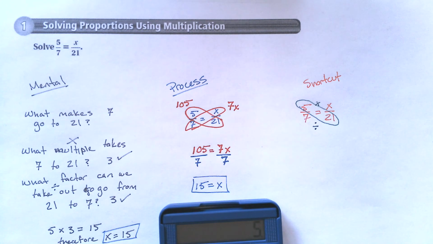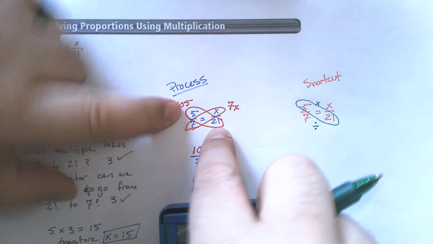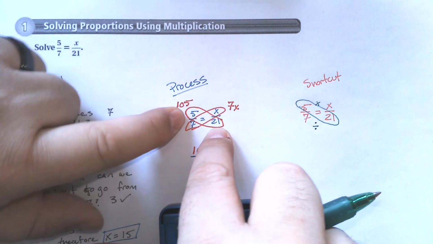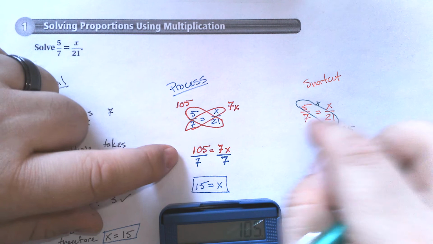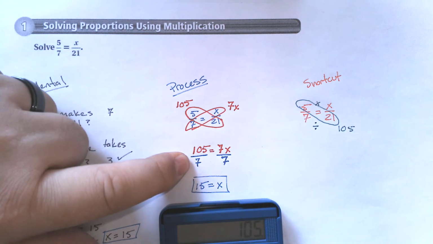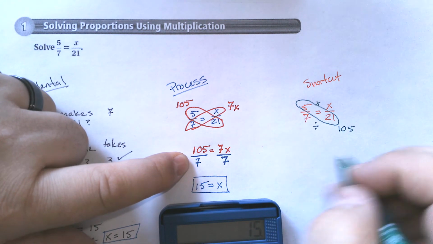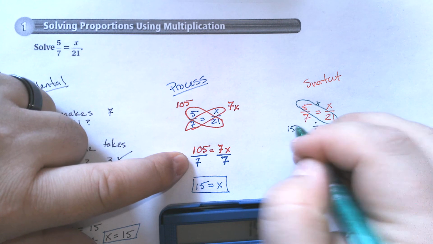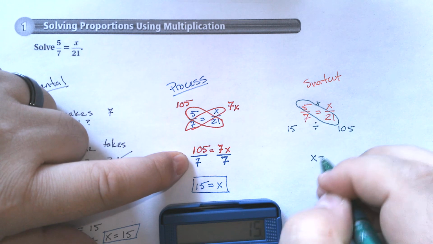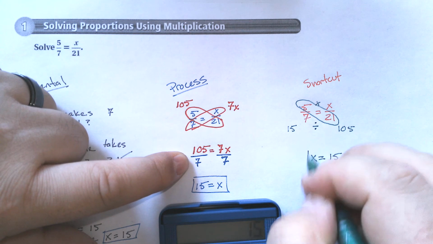Well, that means I'm going to take 5 times 21 equals 105. Now, notice how I had already done that over here. This is why it's the shortcut. So that's 105. And then I divide by what's left, and that's what I did down here. And so I'm going to divide by 7, and I'm going to get 15. So x equals 15.